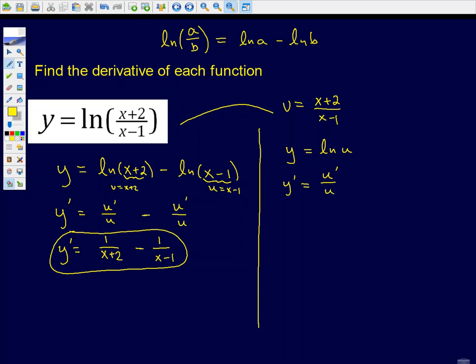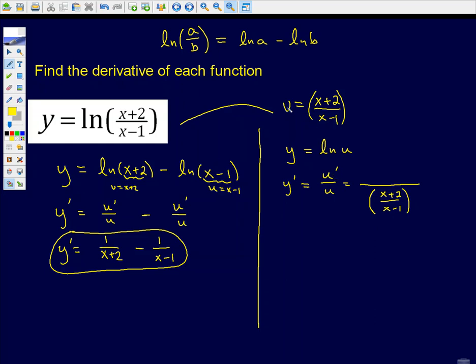Now that wasn't too bad, but the resulting expression is very messy. Because watch this. U was this entire fraction, so we've got to divide by that whole thing under here. So right away we've already got a fraction within a fraction. But we're not done. Now we have to work out u prime.